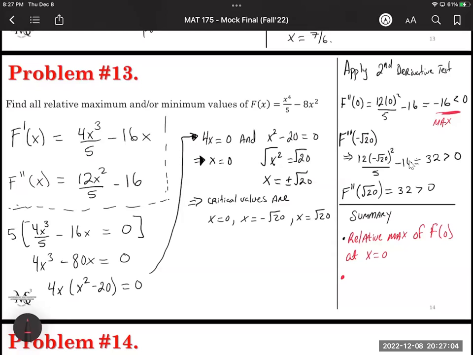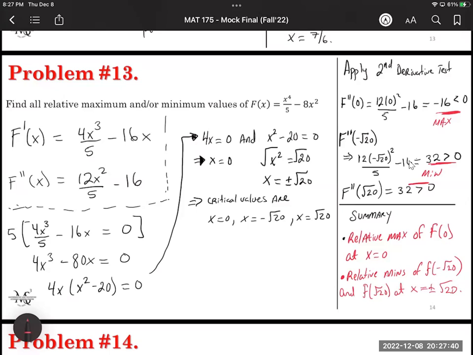Also, by the second derivative test, when I evaluate the other two critical values, we got that they were both positive, which implied greater than 0. So they're both minimums. So we say relative mins of f of negative square root of 20 and f of square root of 20 at x equals plus or minus square root of 20.